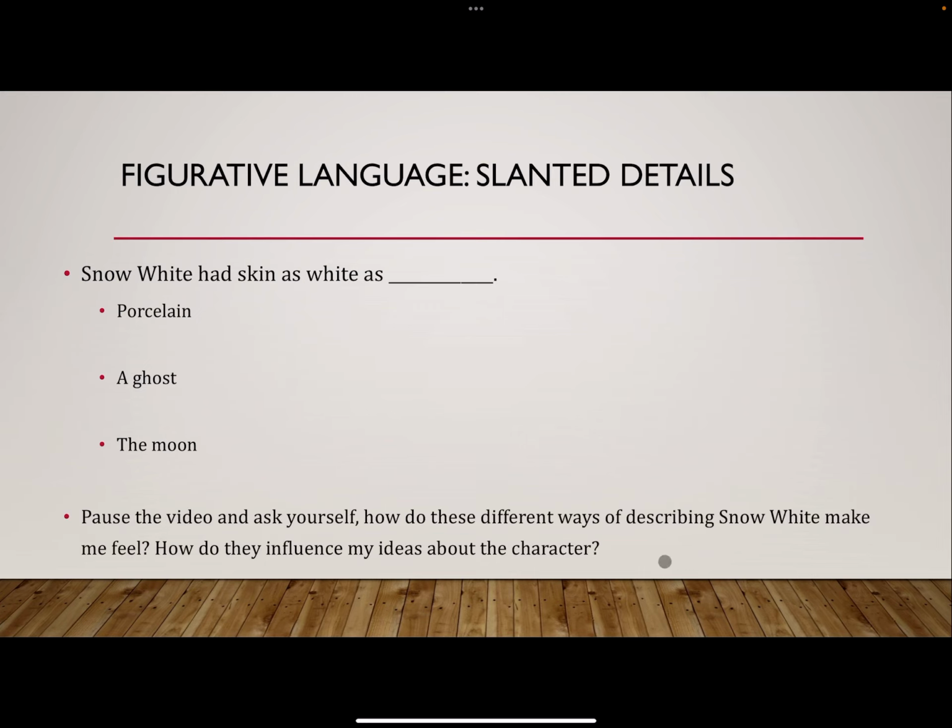Right, so do they influence how you think about the character? With porcelain, you might be thinking delicate, precious. With a ghost, maybe someone who's sick or afraid. The moon, something romantic, something glowing, right? So even one word can carry so much weight to how your audience reacts.